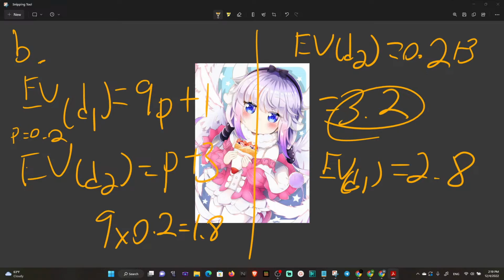You got the P plus 3 from the EV of D2. That's why you got the plus 3 from over here. So it makes sense, right? Okay, wait, 1.8, and okay. 9P with P at 0.2 is plus 1. Okay, all right, now it makes sense.